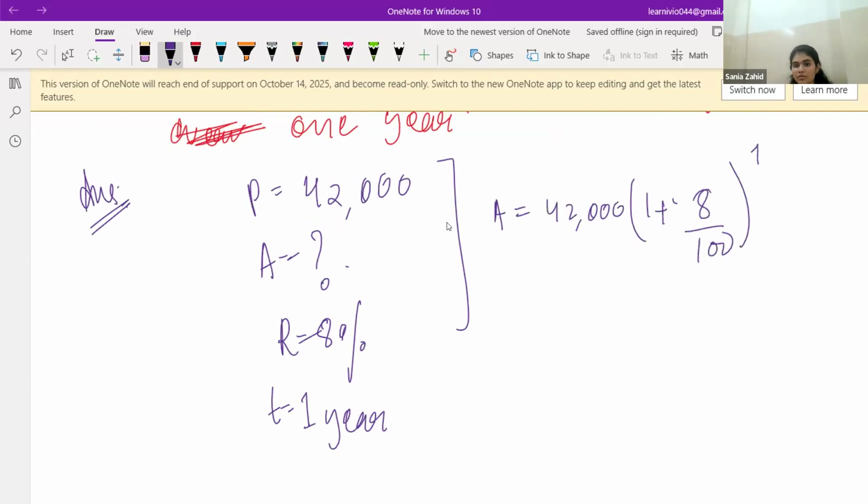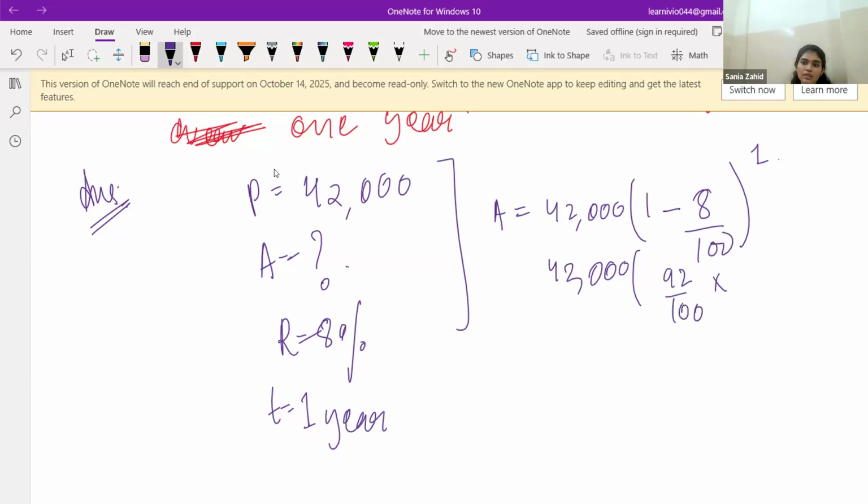What does depreciated mean? Yes, minus sign. Just put a minus sign, because the value is being depreciated. So 42,000 into 100 minus 8, which is 92, by 100.